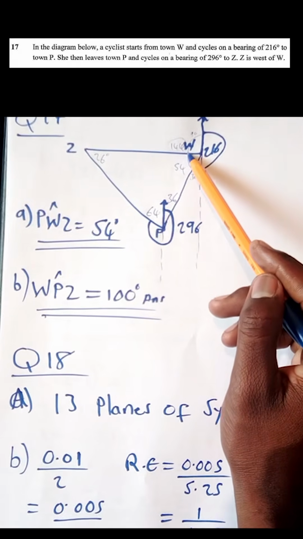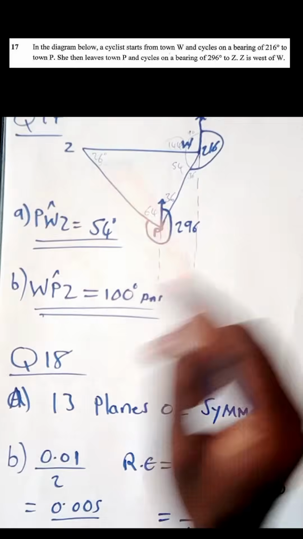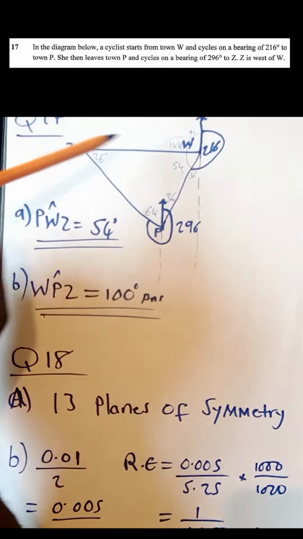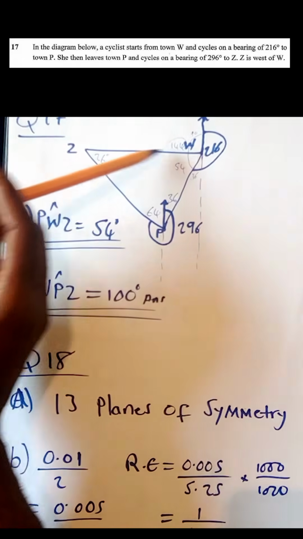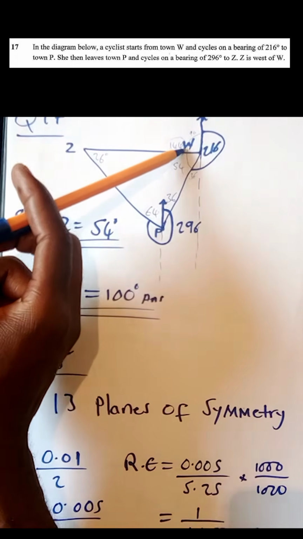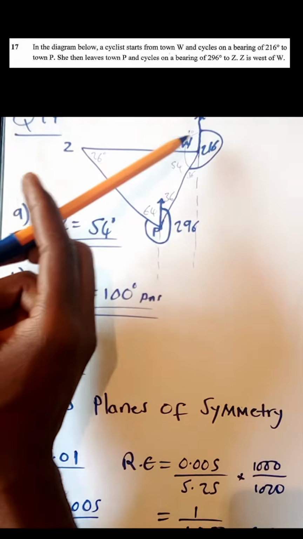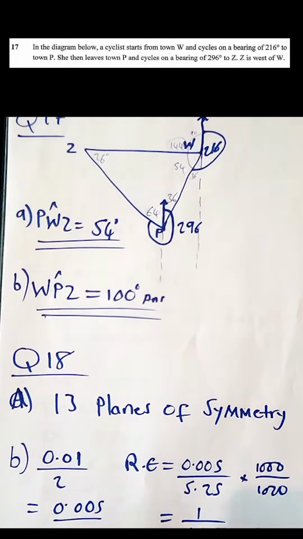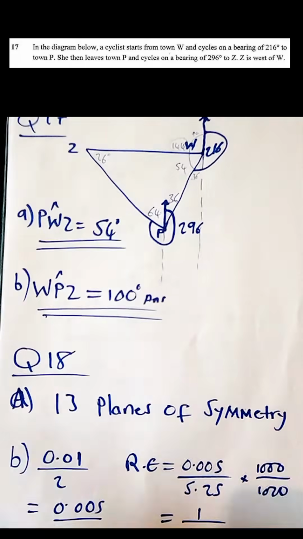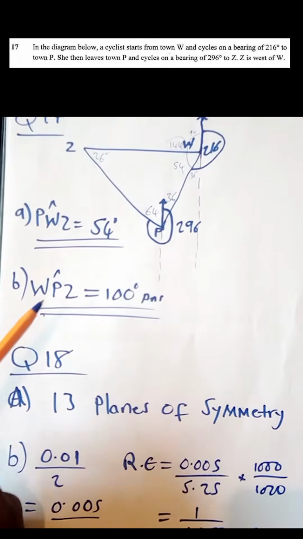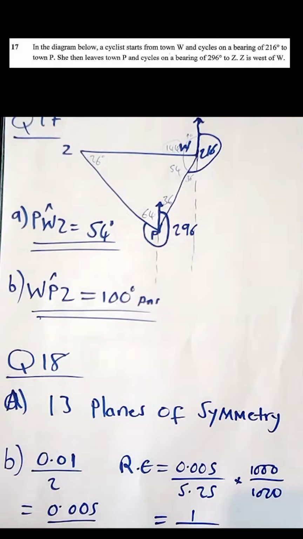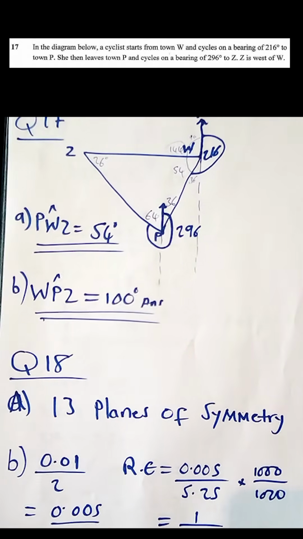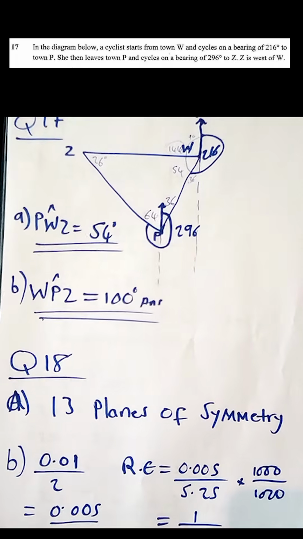We only want this angle. So how do we find it? Remember, we are told Z is on the west of W. If it's on the west of W, it's forming 90 degrees here. So from 144, we subtract 90, we remain with 54. Which gives us PWZ to be 54, but WPZ to be 100. And thus our final answer.